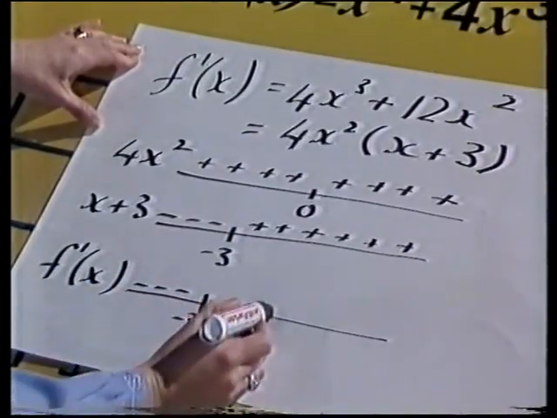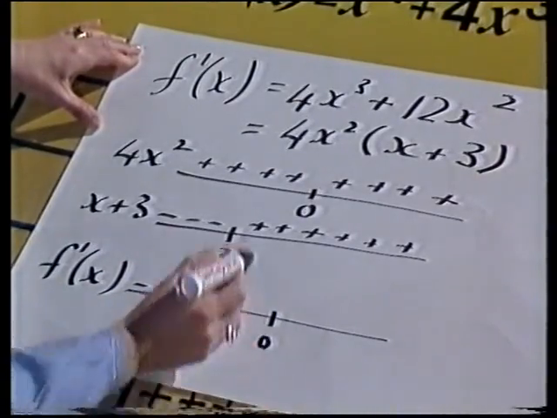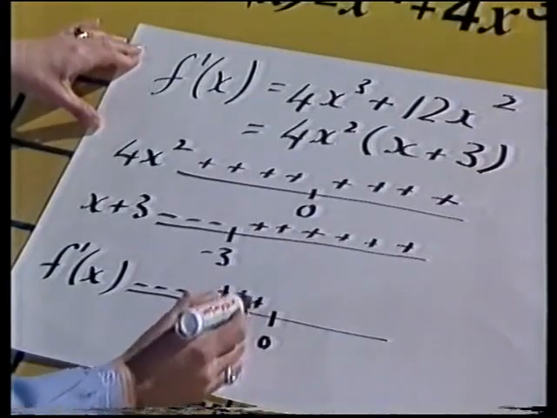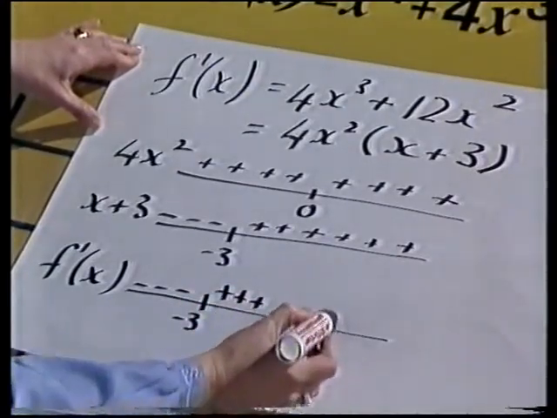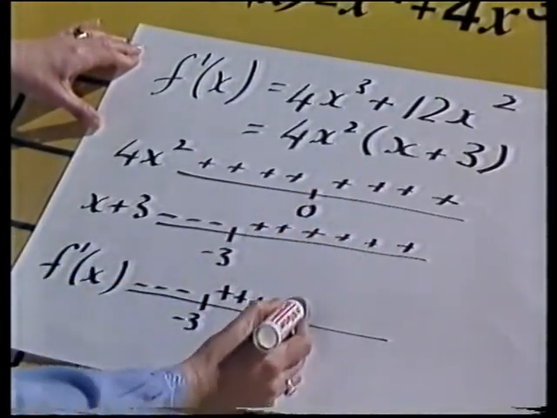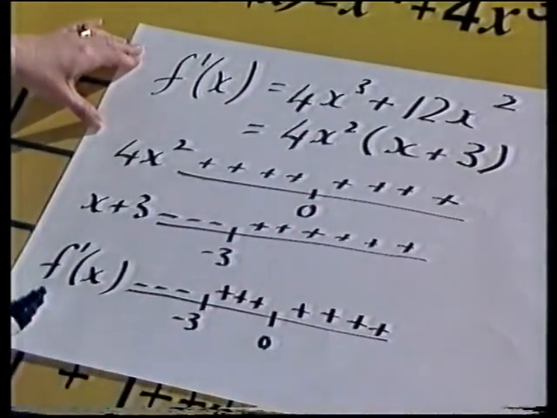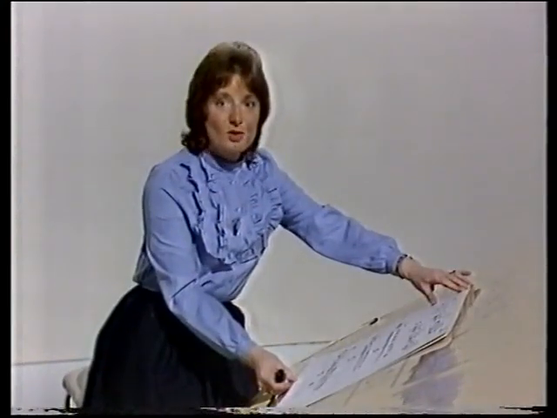Then between minus 3 and 0, we've got positive times positive, which is positive. And again, to the right of 0, we've got positive times positive, which is positive. So that's all we need to know about the first derivative.